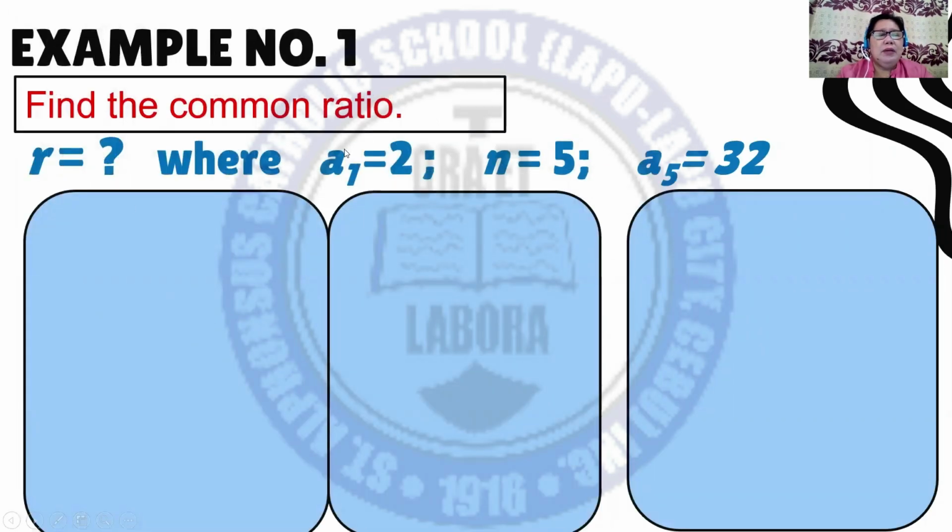Let us have example number 1. Find the common ratio, represented by r, where a sub 1 is equal to 2, n is equal to 5, and a sub 5 is equal to 32.